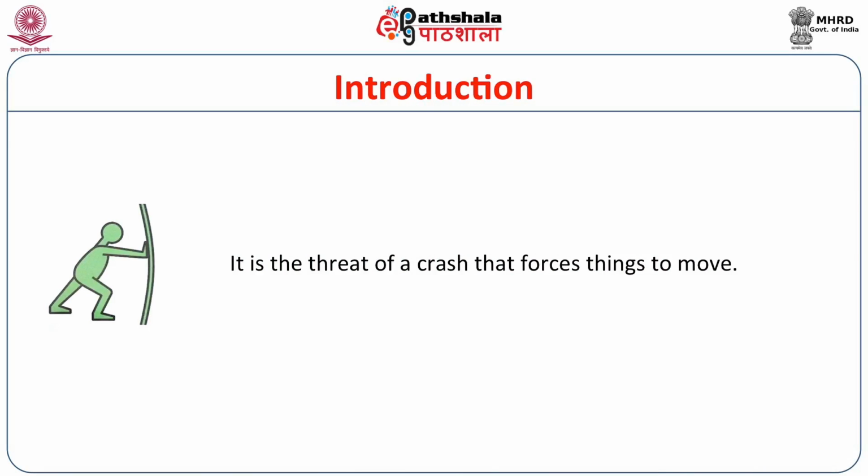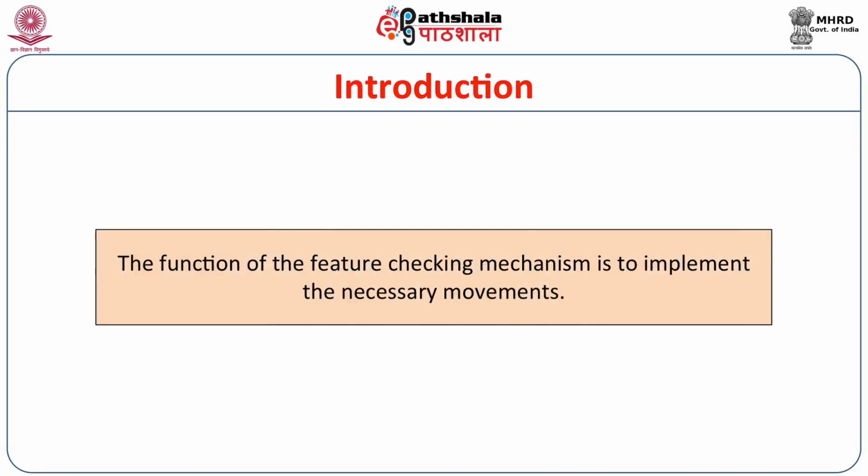What forces them to move? It is a threat of a crash that makes things move. That is, if something does not move, the derivation will crash. And that is why things move. The function of the feature checking mechanism, which we are going to present right now, is to implement the necessary movements.